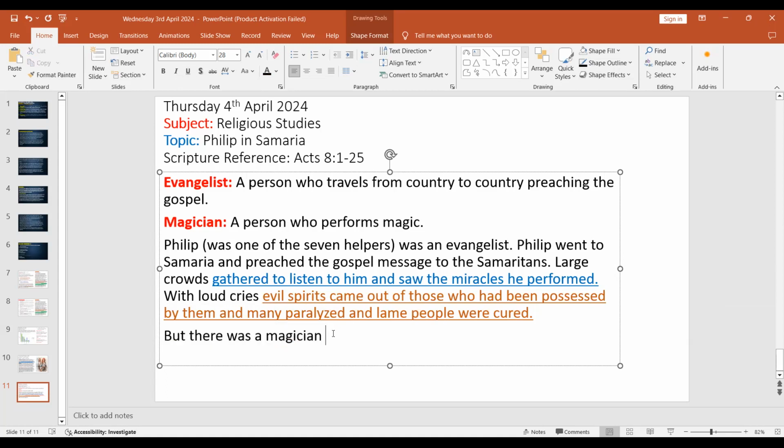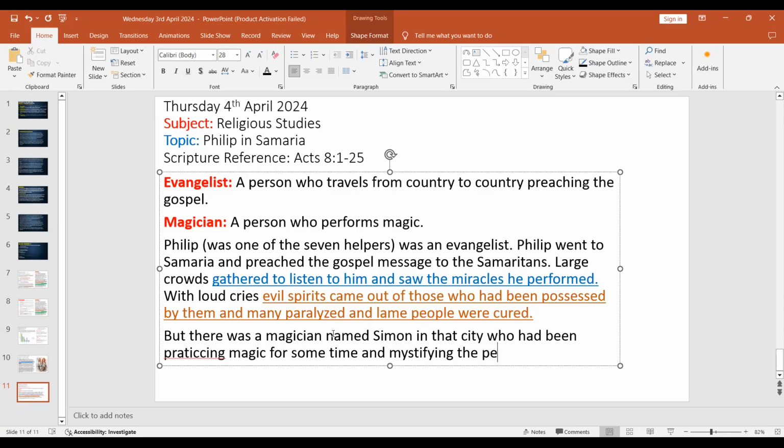But there was a magician named Simon in that city who had been practicing magic for some time and mystifying the people of Samaria.